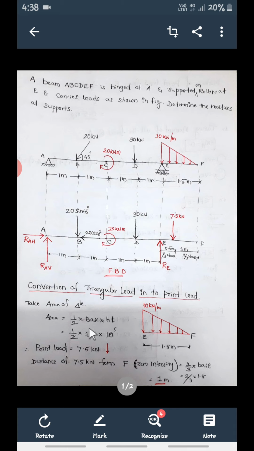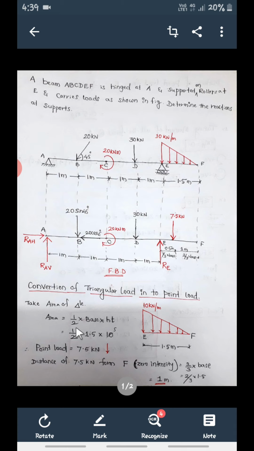I have shown it here. First take the area of this triangle. Here I have drawn this sketch, the same triangular load. The base of this triangle is 1.5 meter, and the maximum intensity is 10. Now what is the area of a triangle?